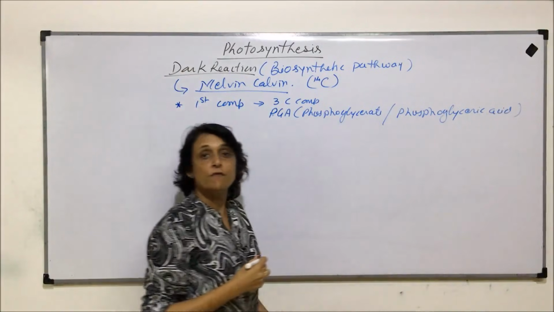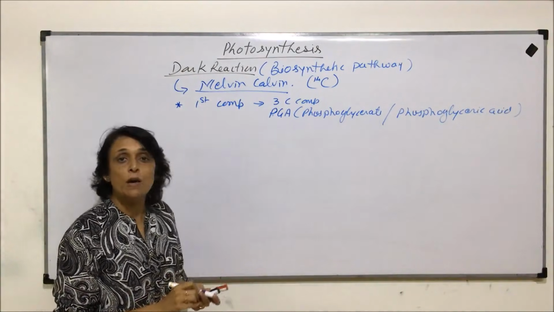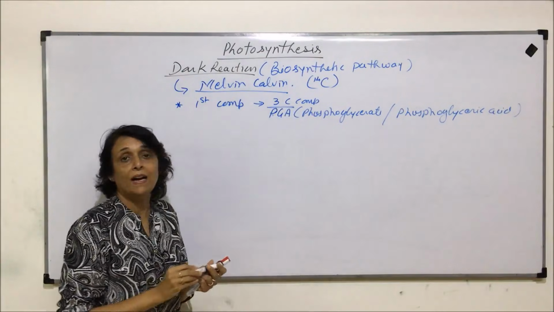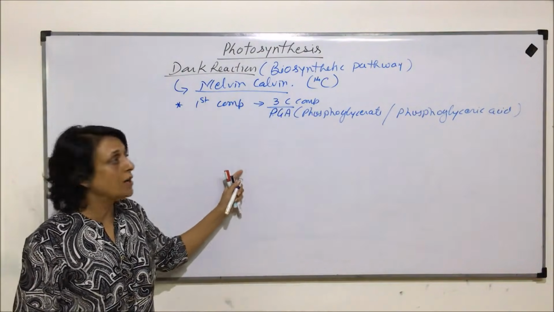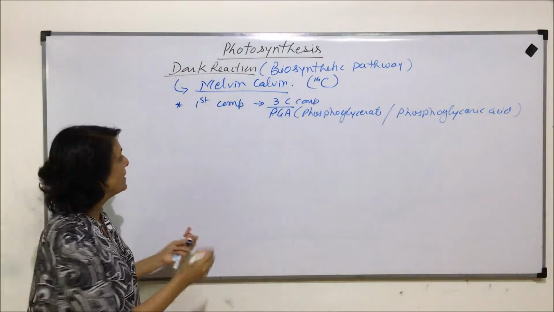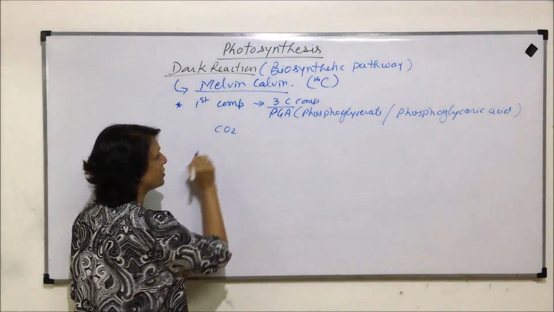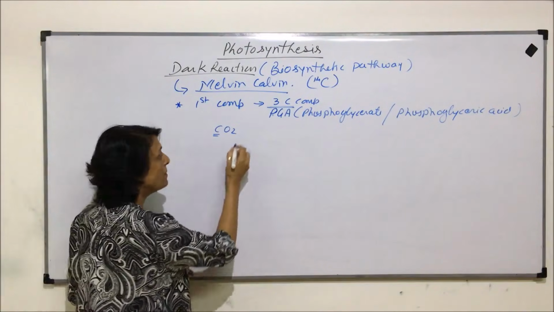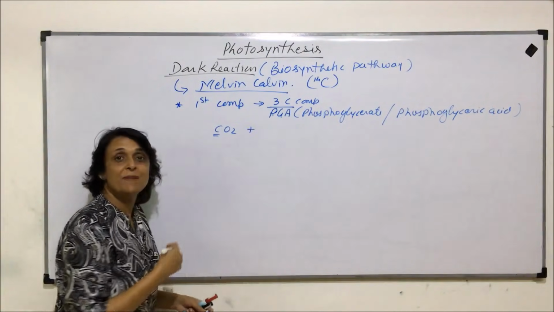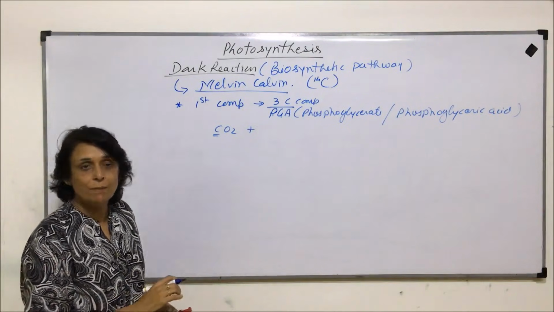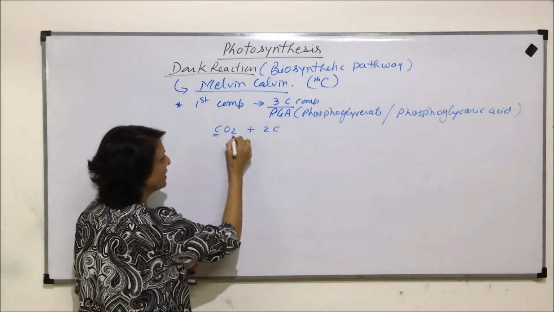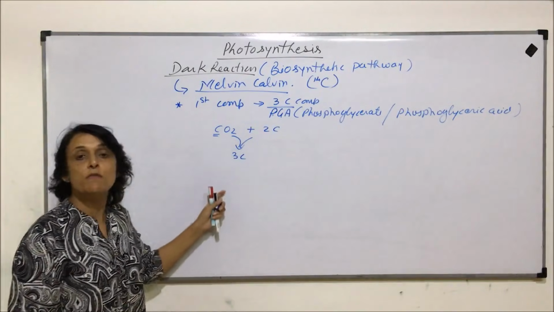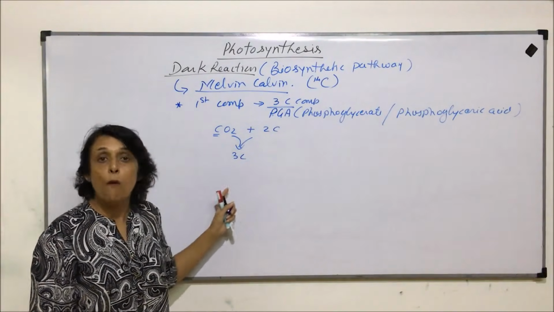So now, as the first stable compound which was found out was a 3-carbon compound, what they anticipated was that when carbon dioxide, which is a 1 carbon compound, is taken in, probably it is accepted by a 2-carbon compound. And that's how this 3-carbon compound, which was the first compound, was formed.